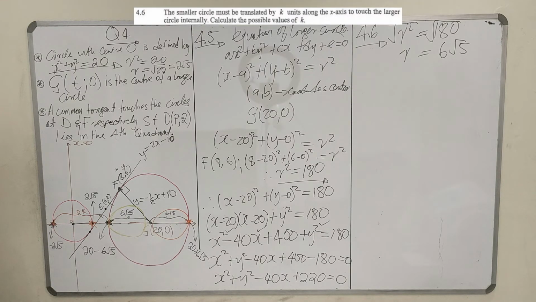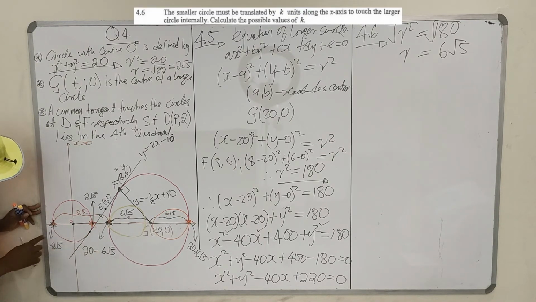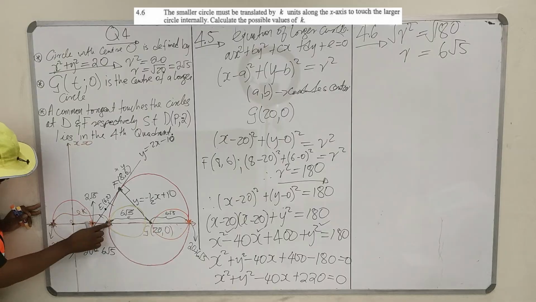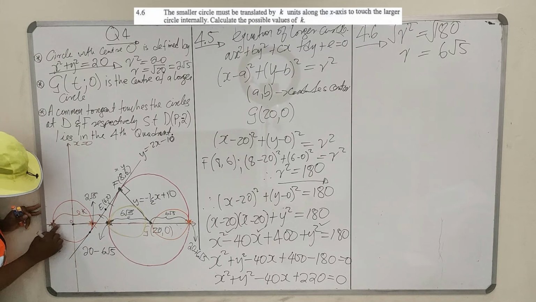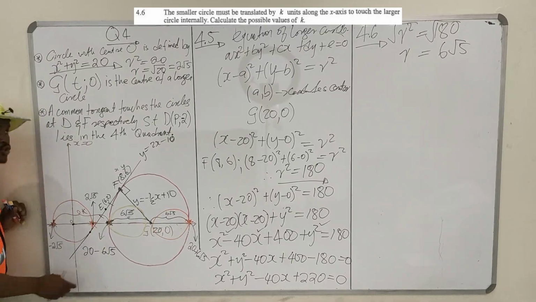No problem. So now, what you want is to move from this point here to that point there. So you're asking yourself, how many units should you add on this to get to that point? You want this to be sitting there. So you're asking how many k units, which are these units here, you must add on this one to get to that. So how do you do this?